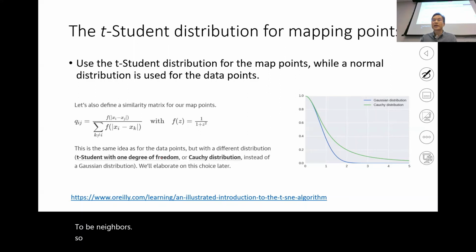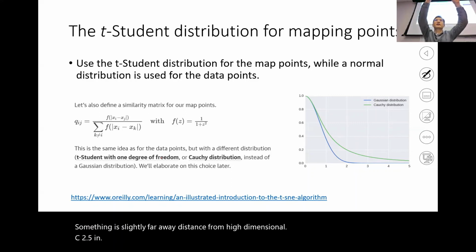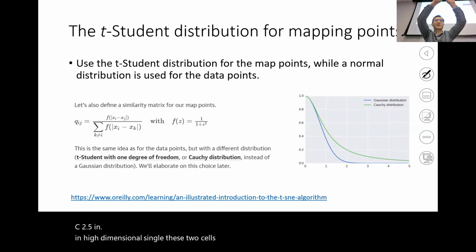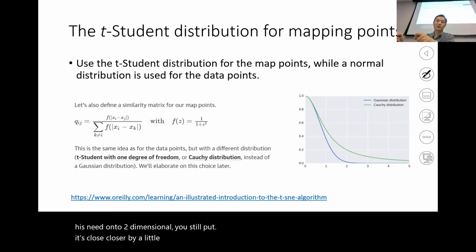So that's why if you find some slightly far away distance in high dimension, say 2.5, you think these 2 cells will never be neighbors, but when you project using t-SNE onto 2 dimensions, you still put it closer by a little bit, giving a 20% higher chance to be neighbors.